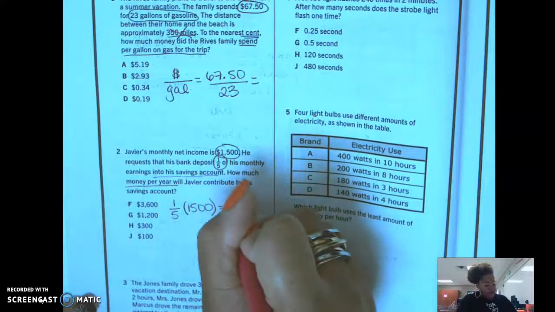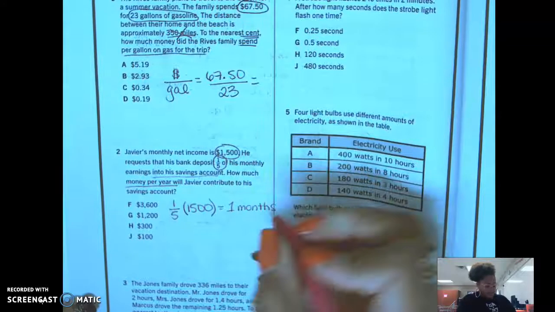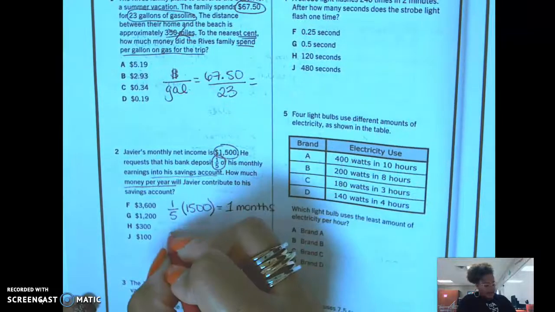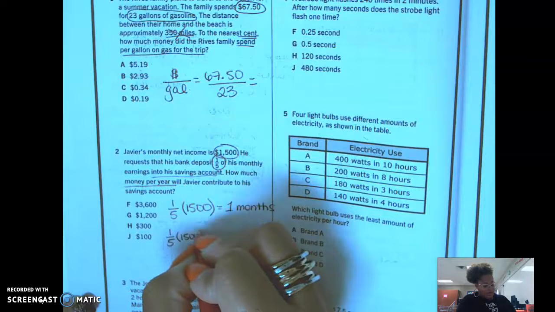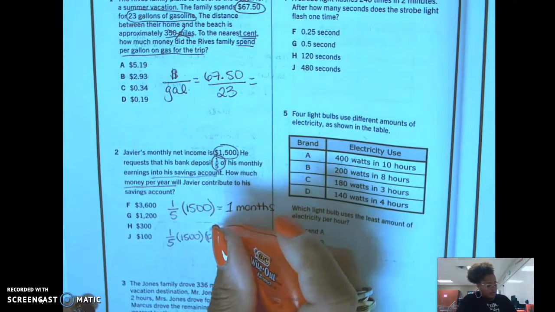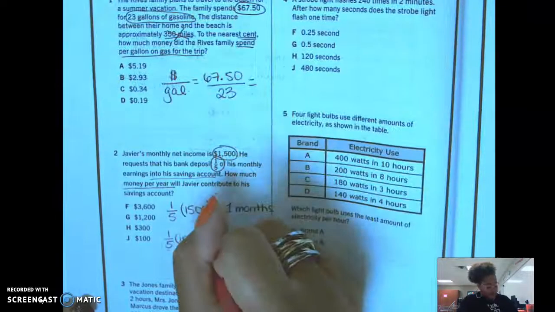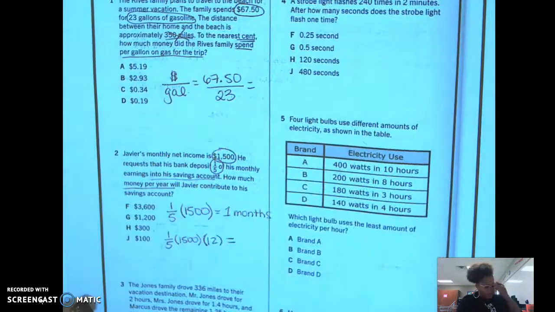This is 1 month. How many months are in a year? 12 months. So I need 1/5 times 1,500 times 12 months. And then I will get my answer.